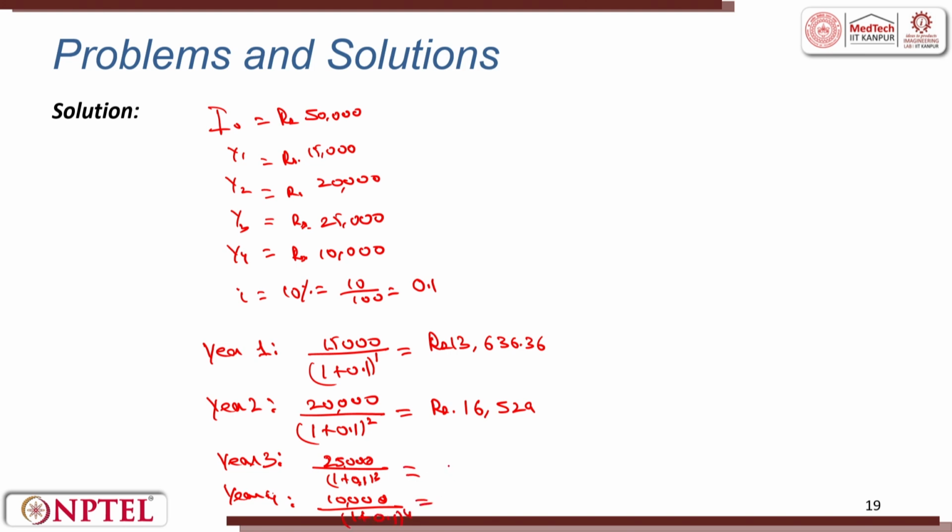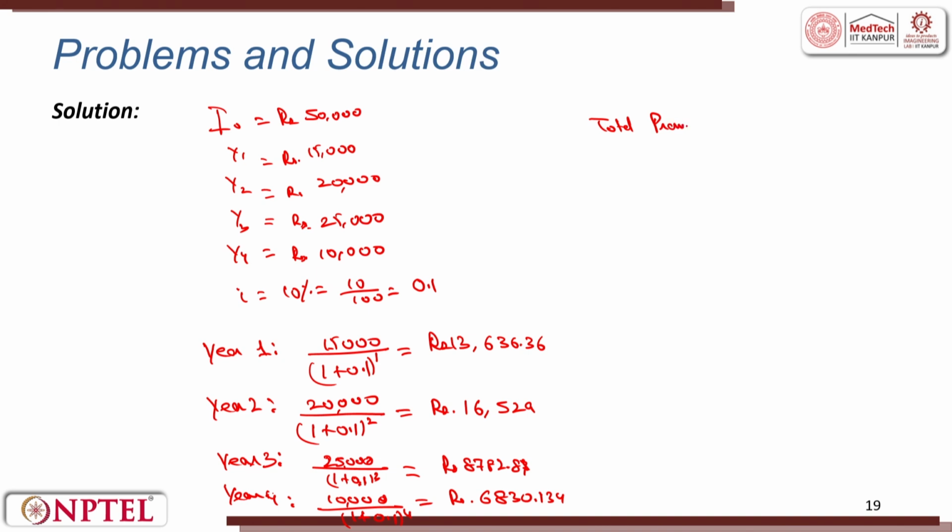So these values are rupees 8782.87 for year 3 and rupees 6830.134 for year 4. So total cash flow is the sum of these.